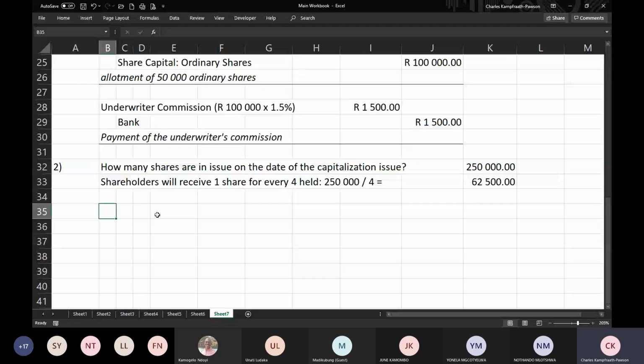So the journal should be a transfer from retained earnings to the share capital account.